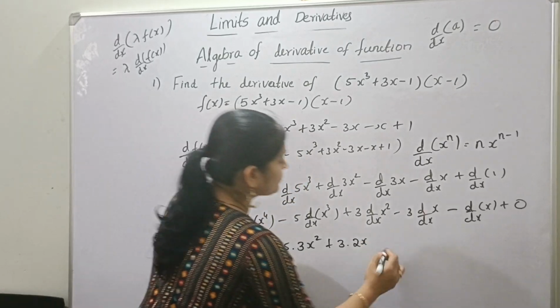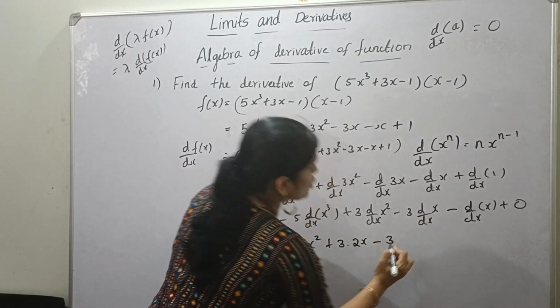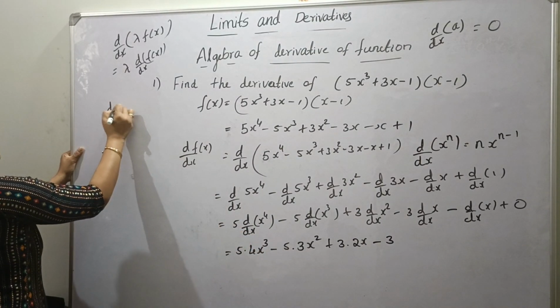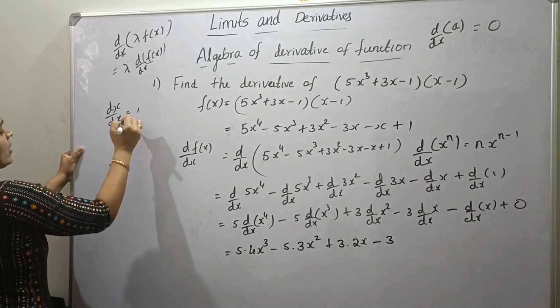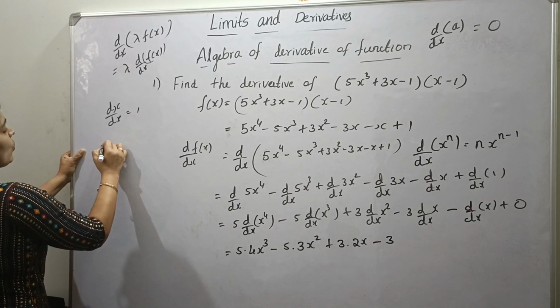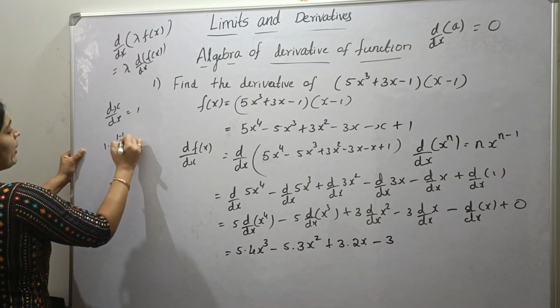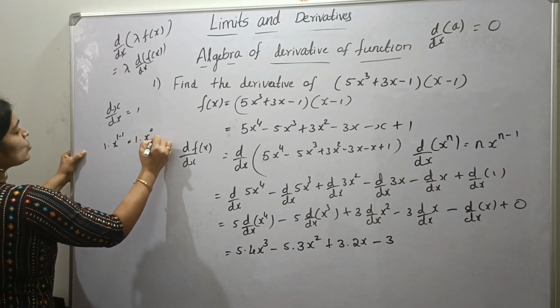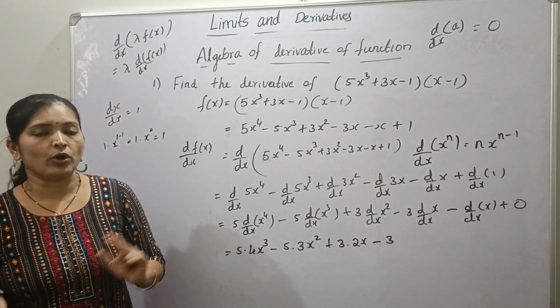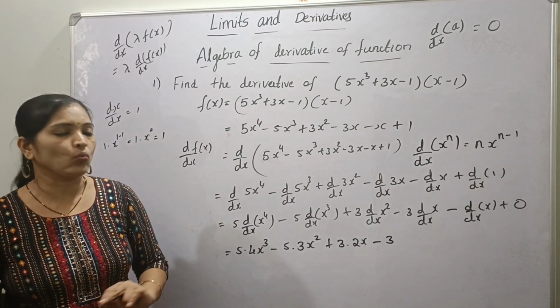Okay, minus 3 into d by dx of x, that is 1 itself, dx by dx is 1, or you can apply that formula. If n is equal to 1, that means 1 into x raised to 1 minus 1, that is 1 into x raised to 0, that is 1. So remember dx by dx is equal to 1, or d by dx of x is equal to 1.